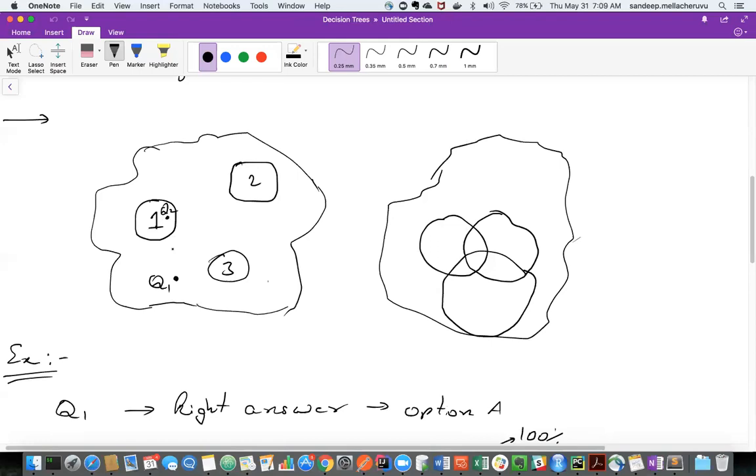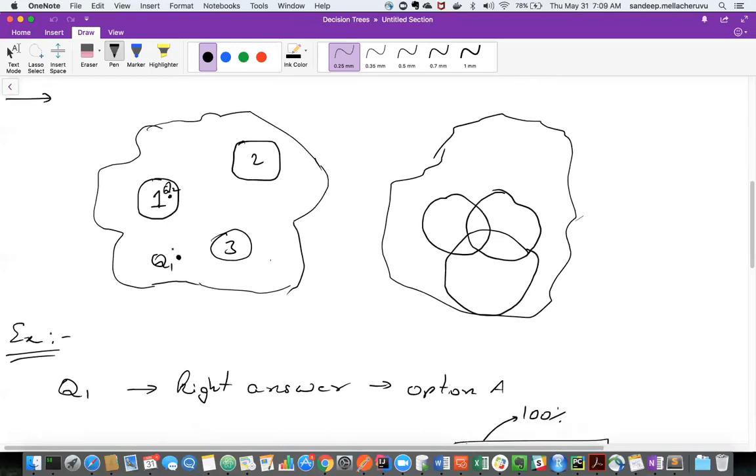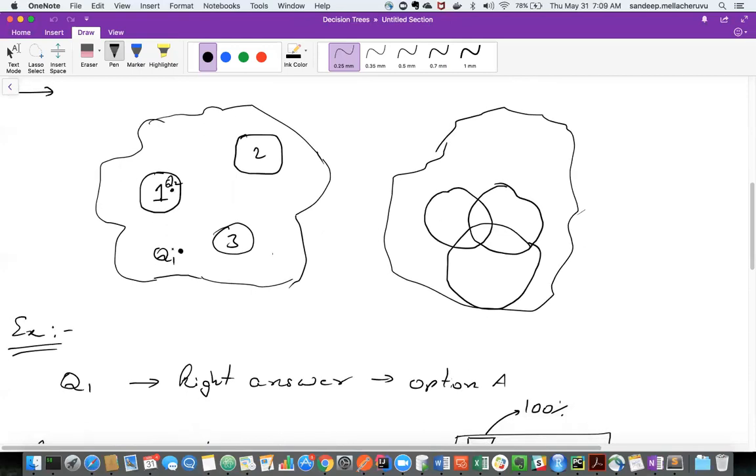How many times is the crowd going to say a wrong answer? In this case, the crowd is going to say a wrong answer when more than one person, because there are only 3 persons, does not know a particular question.